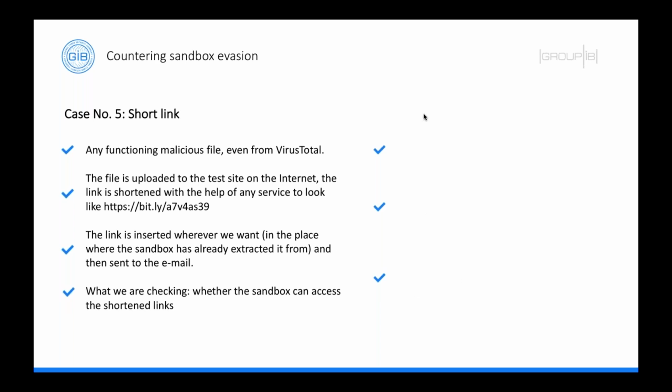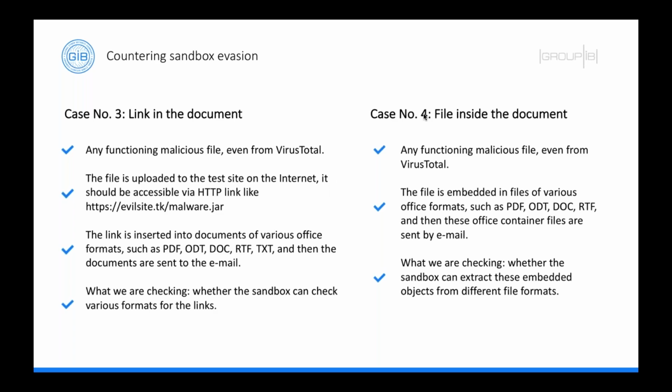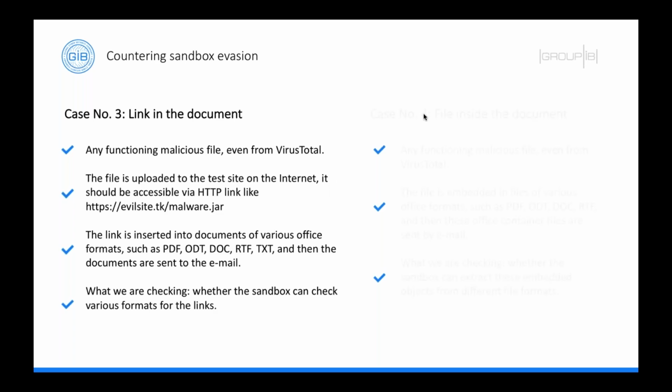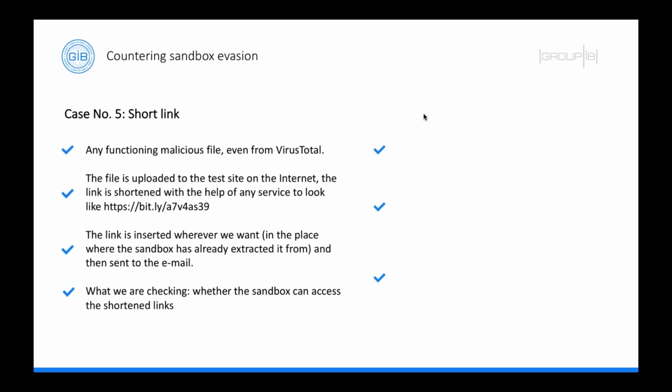Going back to links, it's good to check whether a specific product actually supports shortened links. It's a very simple idea: you just pick up this malware jar link and make it look like bit.ly/something.